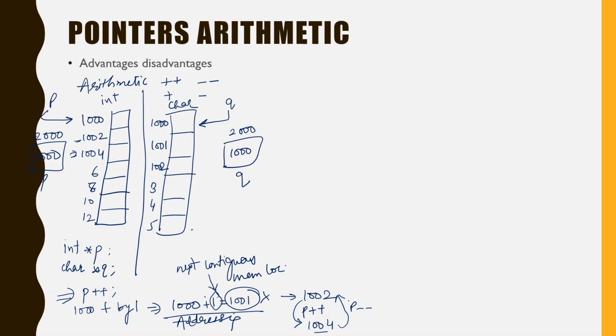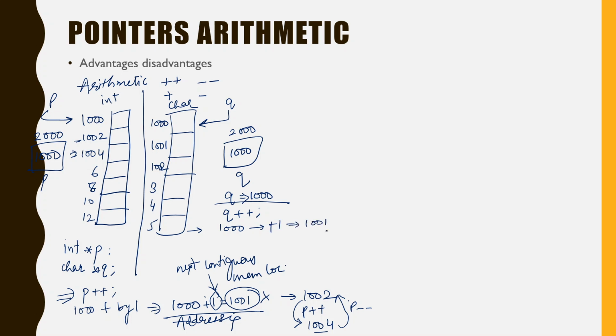But in case of characters, I have taken one more example in the form of a character. So here it would look like this in the continuous memory. Like if initially q is equal to 1000, this is a thing that I am printing, it is not a thing that is to be assigned, right? So q value is 1000. Now if you do q++, then this 1000 will be incremented by 1, so it will become 1001.